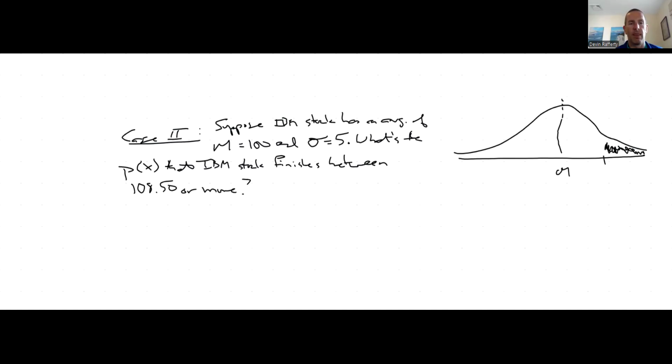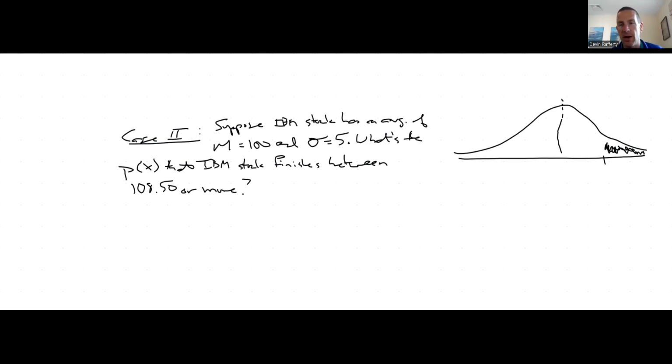Okay. So in other words, we want to know, right? So IBM stock is on average $100.